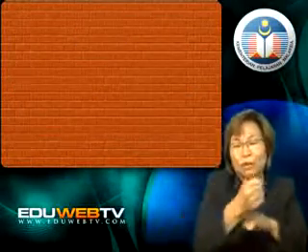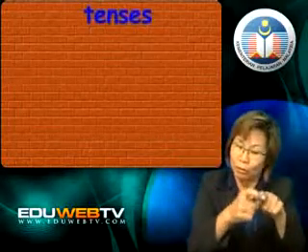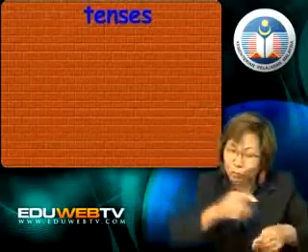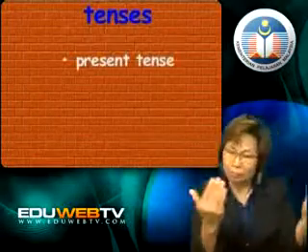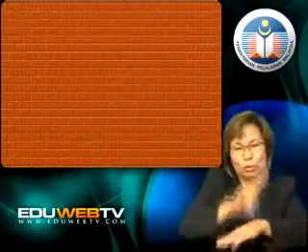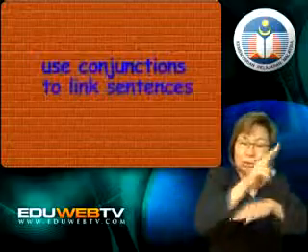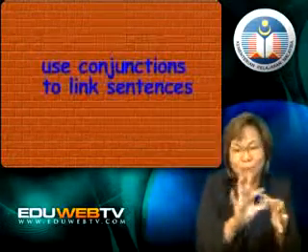Pay attention to your tenses. The words given will give an idea which tense to use. Some comparison requires you to use the present tense and some to use past tense. Use conjunctions to link your sentences. This will make your sentences flow smoothly.